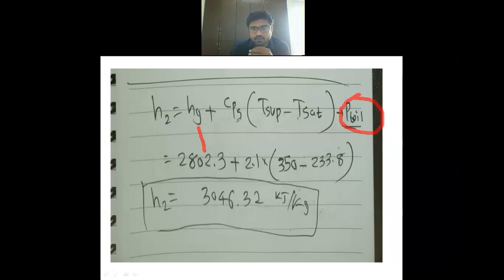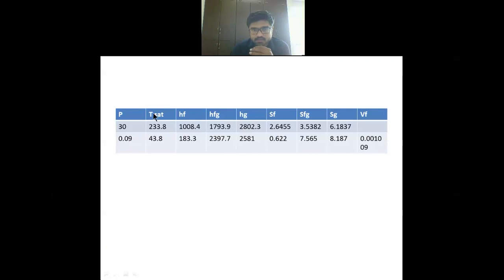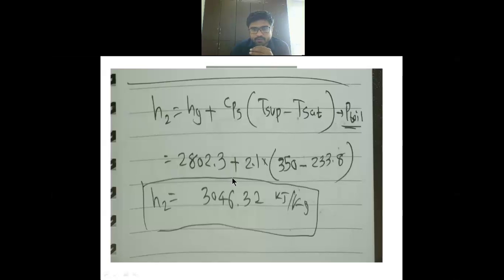Now these you have to remember: cps is 2.1 kilojoule per kg kelvin, always you have to remember. T superheated is 350, that we know, and T saturated is 233.8. From where is it taken? Here you can see 233.8, so it is taken from here. This is how you can find out the value of h2.